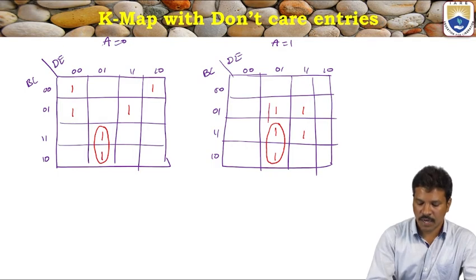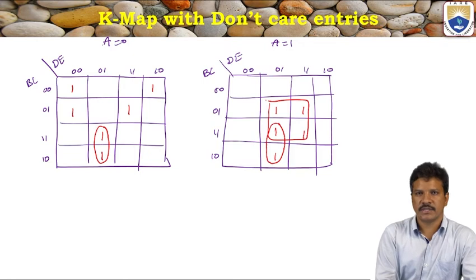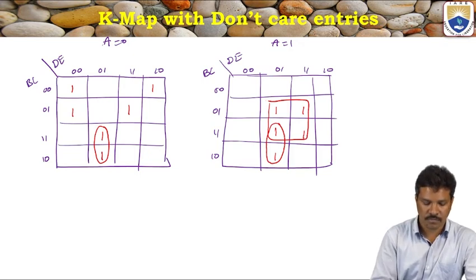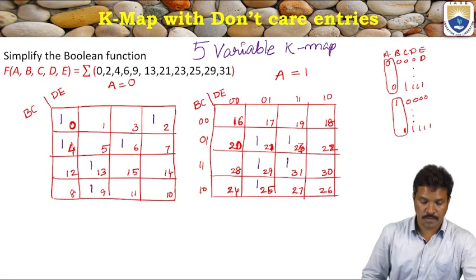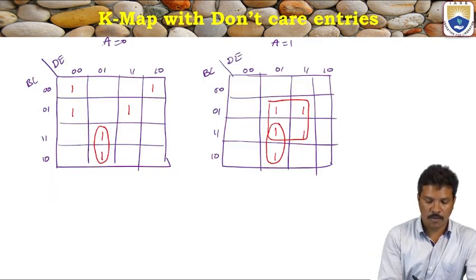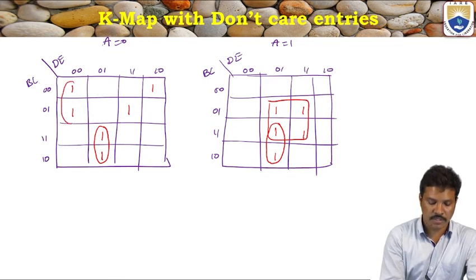Then we can have 4 ones adjacent in the second box, and then we can have a pair in this box.